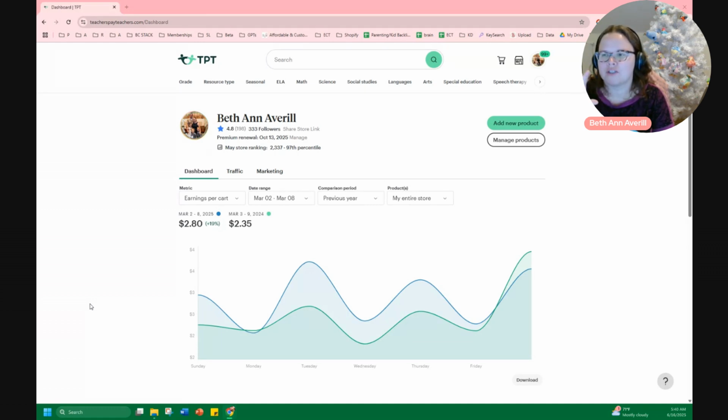What I'm wanting to do with this information is see higher numbers. So in order to get higher numbers on your earnings per cart, you can have bundles, higher priced products, or products that are often bought together. You can link them together inside their description. So this is just a helpful thing that you can look at.